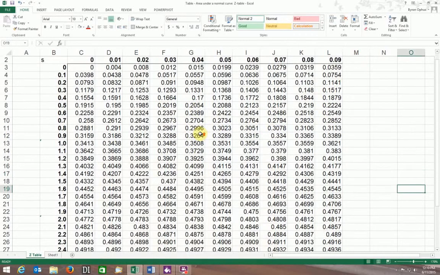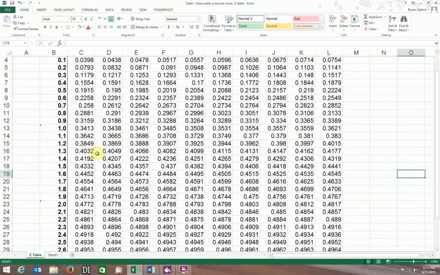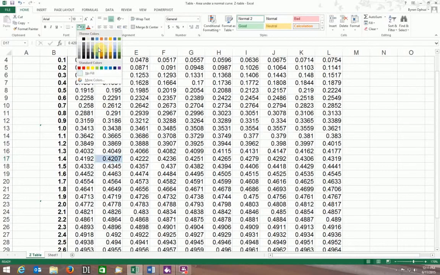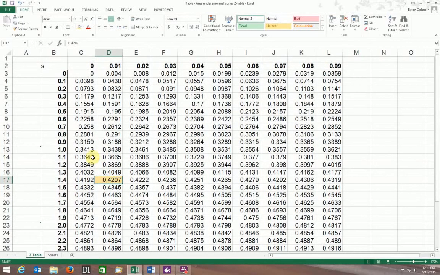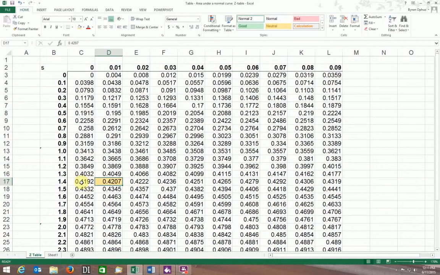Okay, and so then I do the same thing. I come here and I look for 0.4192 and 0.4207. So wow, let's take a look at that one. 0.4207, that's actually a little bit closer, and I could argue that it's almost in between. So I could say it's 1.41. 1.40 is pretty close, and it's just about exactly in between. I could also say 1.45, and I'm not going to mark you wrong either way.